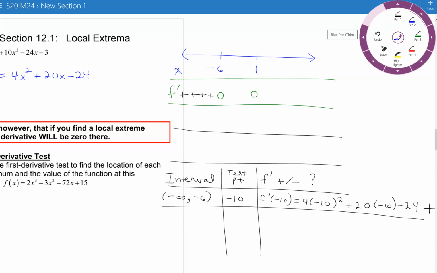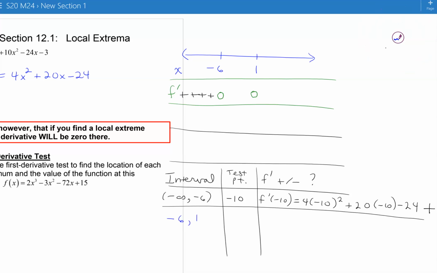Okay, so then we're going to look at the interval from negative 6 to 1, and yay, 0 is available. Love it when 0 is available. It just makes the arithmetic so easy, because f prime of 0, all the terms that have x's in them will go to 0, and you just get negative 24. So on the interval between negative 6 and 1, the derivative is negative.